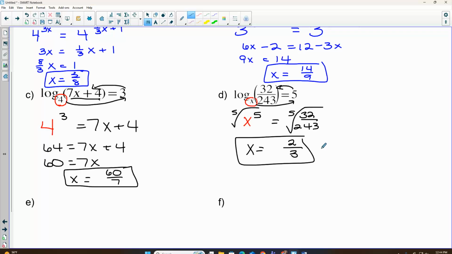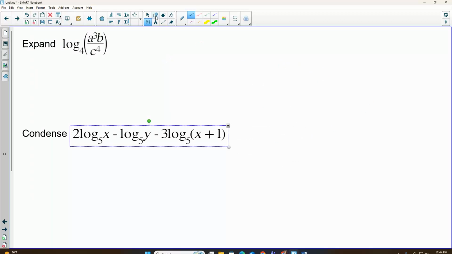All right. Do we need any more log or exponential equation problems? Okay. Next thing we talked about with our logs, expanding and condensing. That's what we are doing Friday. So if I asked you to expand the first one, what would you write? Log base 4 of a to the third.